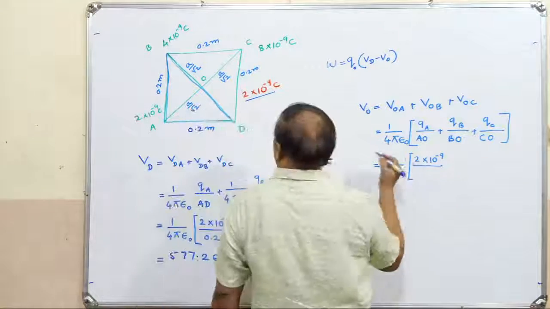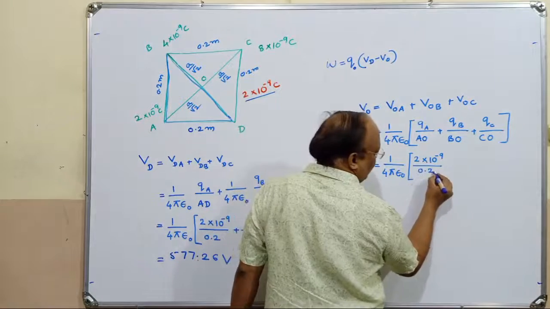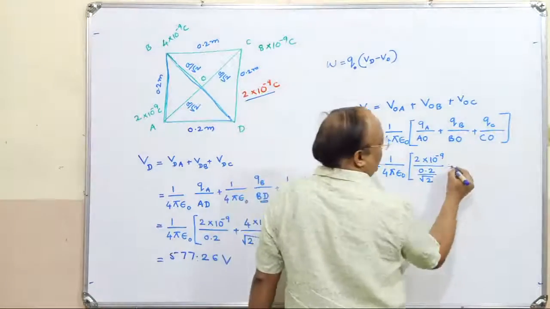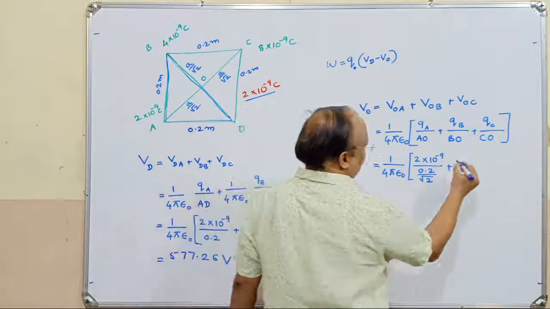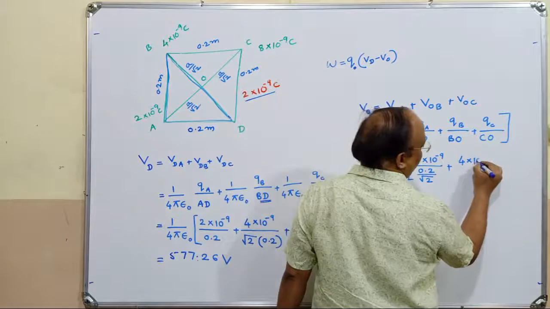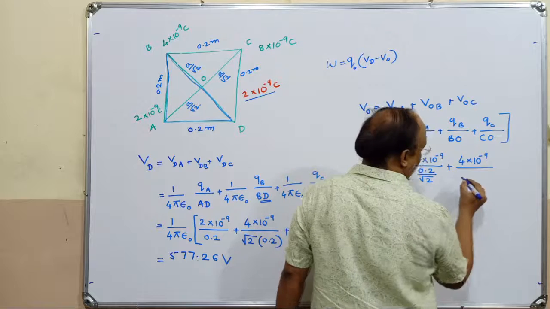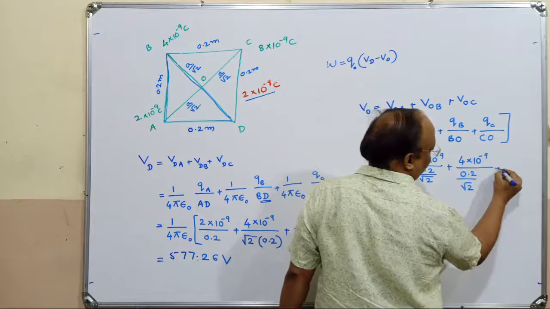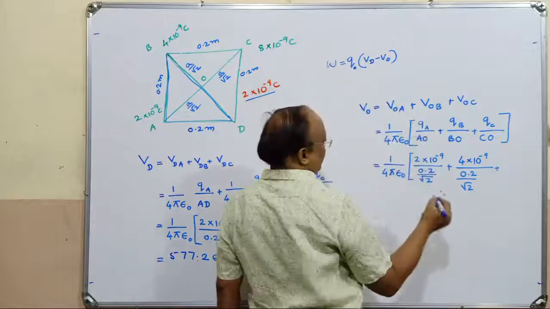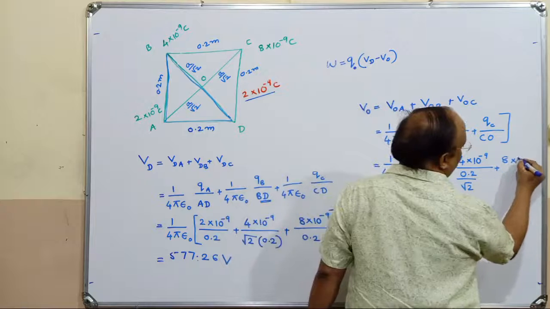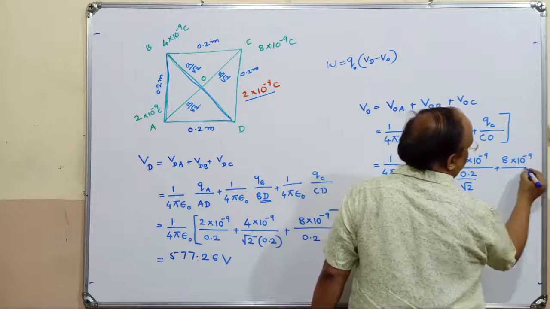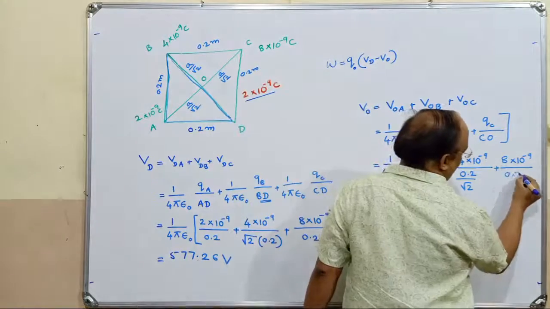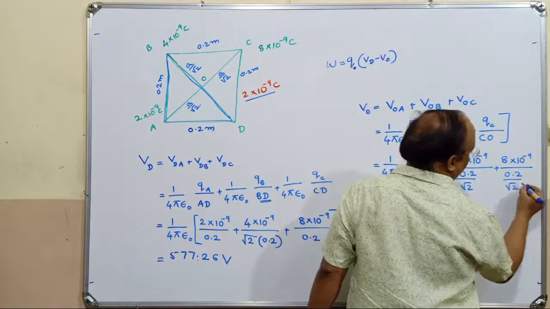It is 0.2 divided by root 2, plus QB is 4 into 10 to the power of minus 9, divided by 0.2 divided by root 2, plus C. It is 8 into 10 to the power of minus 9 divided by this separation, which is also 0.2 by root 2.